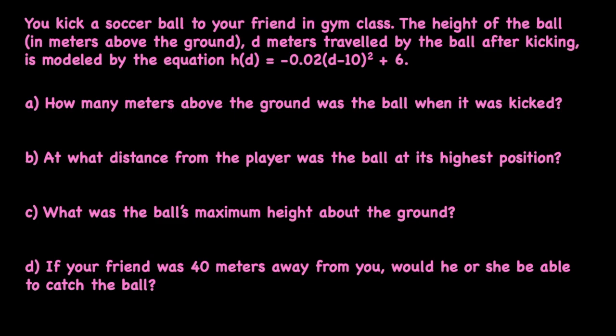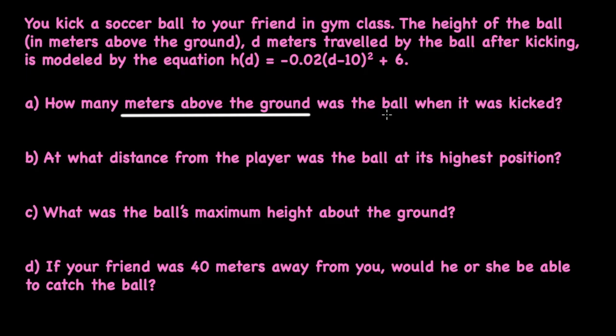Now here we can see that it's asking for the meters above the ground. And we have two options. It could either be d or h of d, and because it says meters above the ground, we know that it is the height of the ball, which is in meters above the ground. Now, to figure out what the height of the ball is, we need to know the distance, or the number of meters the ball has traveled after kicking.